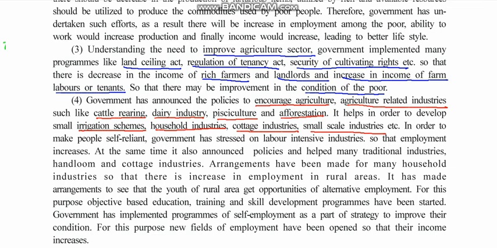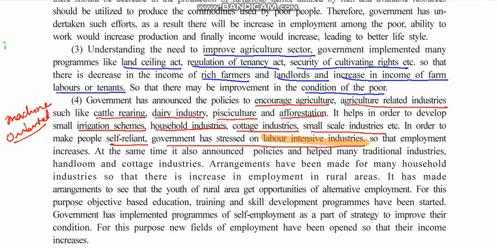In order to make people self-reliant, the government has stressed labor-intensive industries. Understand this: a labor-intensive industry means the kind of industry where more people are needed to work, instead of machine oriented. Most large scale industries are machine oriented, meaning more machines are used.